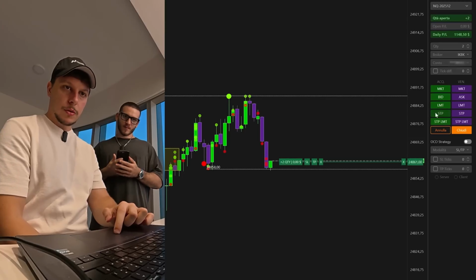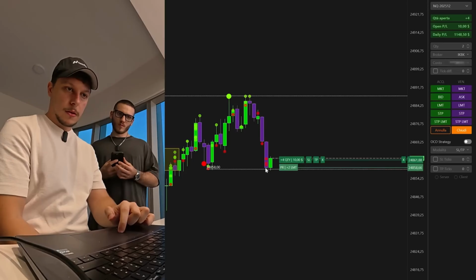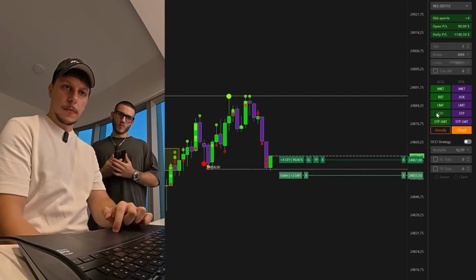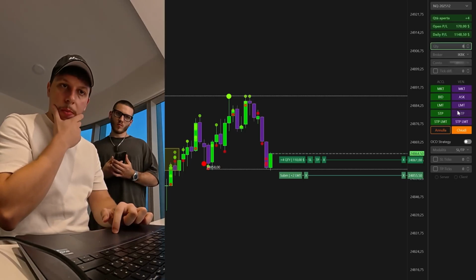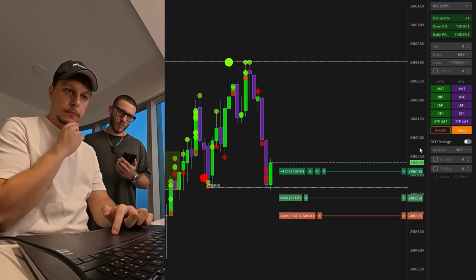Order filled. Auctioning high. I want to also have another position on this low and another position on this low. Now, we want to be liquidated, and we are happy to be liquidated if we go below this low.